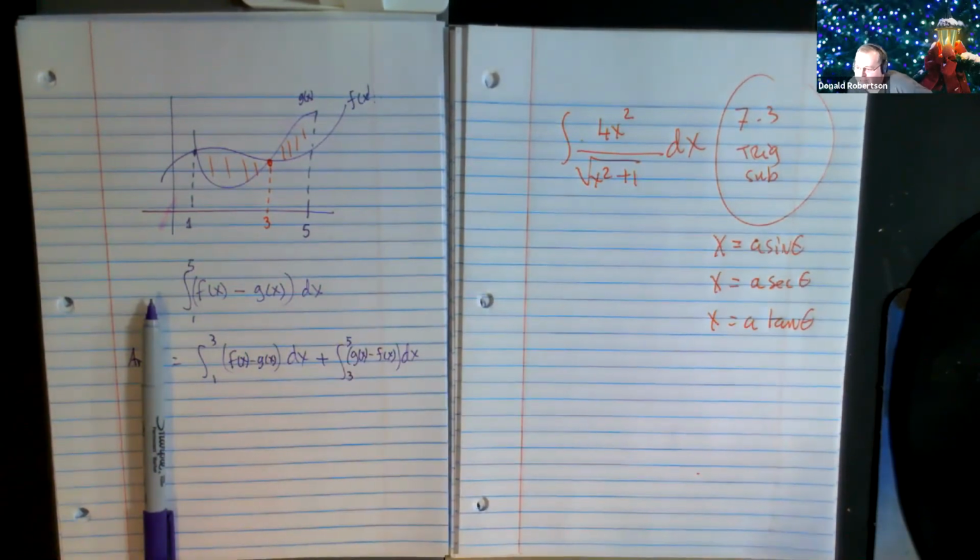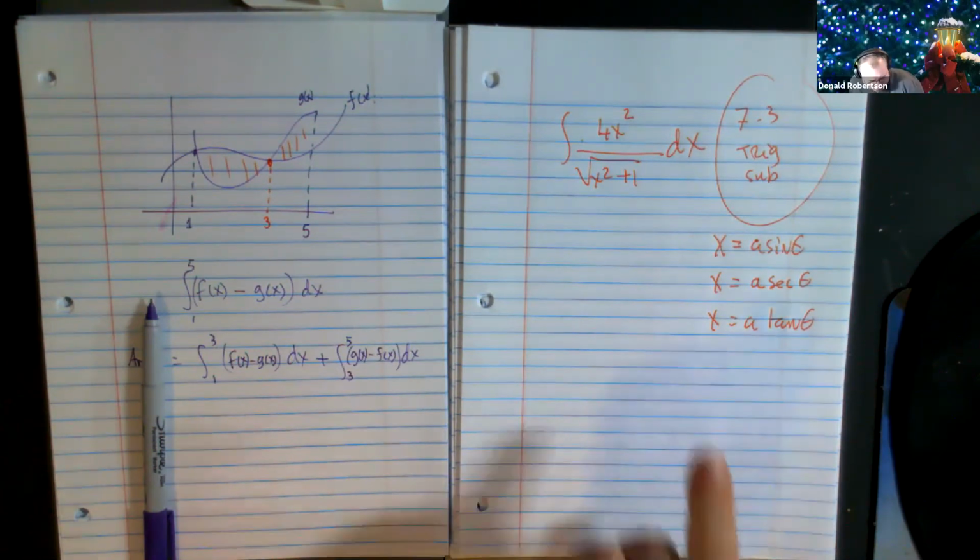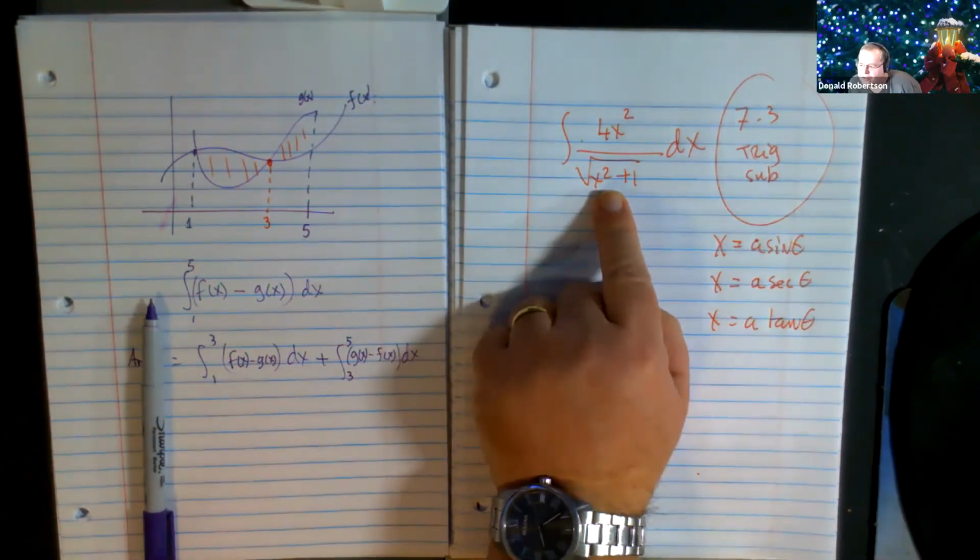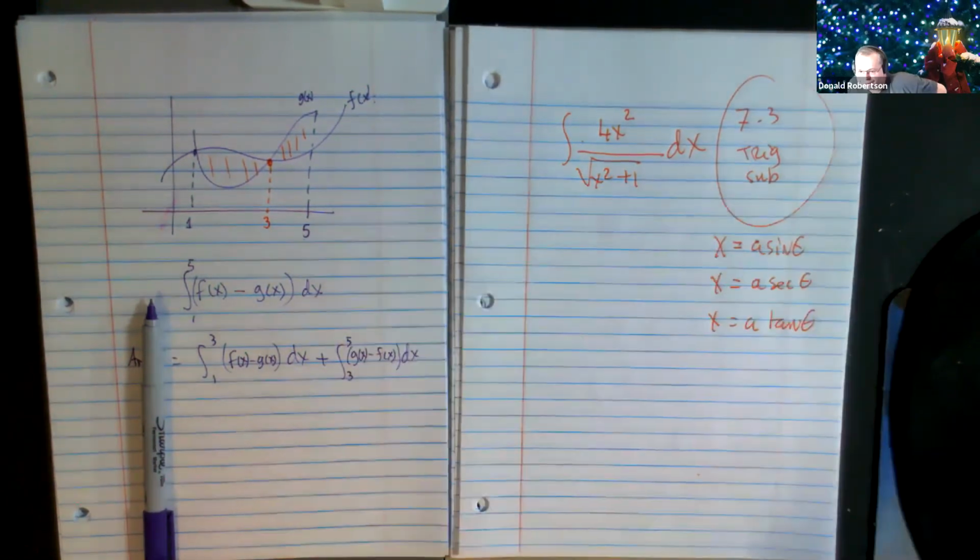There are only 3 possible trig subs, right? And these trig subs are almost always used with weird square roots, aren't they? There's a square root of x squared minus 9, a square root of x squared plus 25.